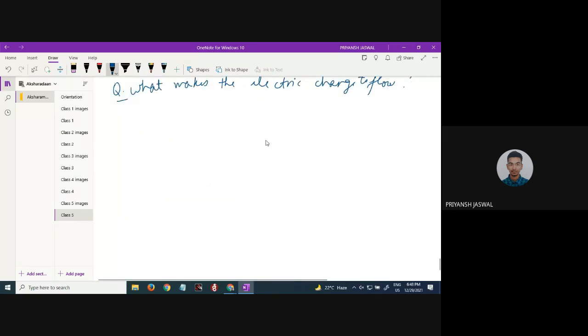So here also we can take the analogy of different phenomena. So in nature, suppose some x quantity, it will always flow from higher potential to lower potential.